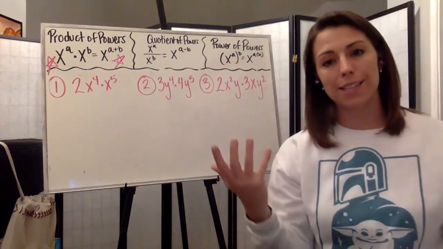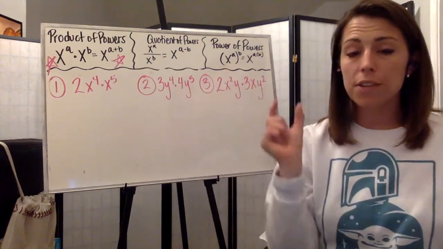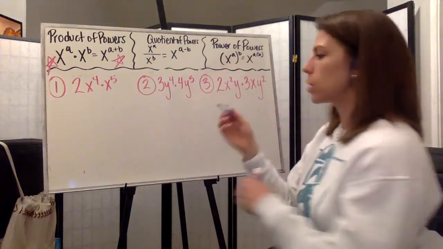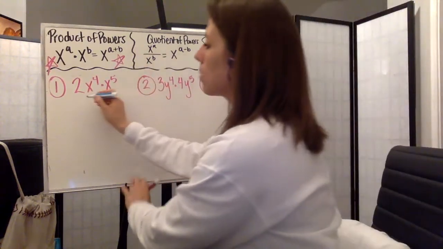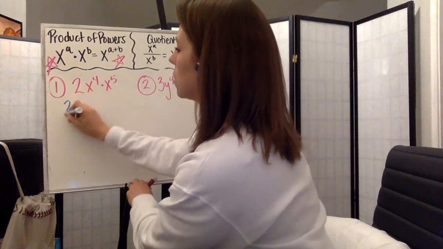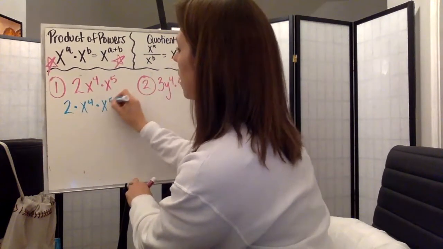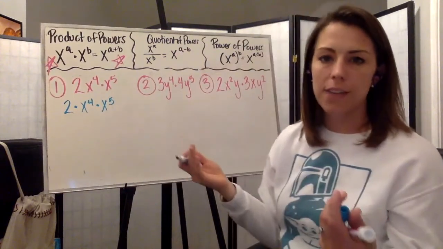So the first thing I like to do, the first step, is I like to separate all of the individual factors so that I can actually see each individual one. So my first step is always separate factors. That could be really simple. Like here, that could just be 2 times x to the 4th times x to the 5th. So really, I'm just separating the coefficient from its next factor.